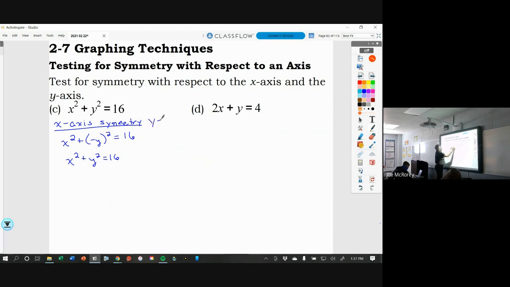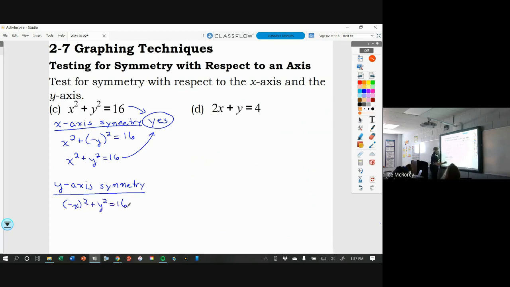I'm just going to write yes up here. I'm going to get a little lazy. Y-axis symmetry, replace the x with negative x. Simplify. And what do we find out? It is also symmetric about the y-axis.